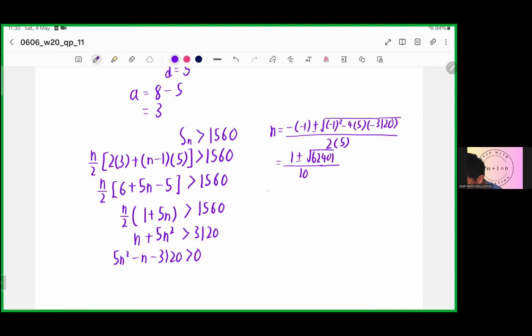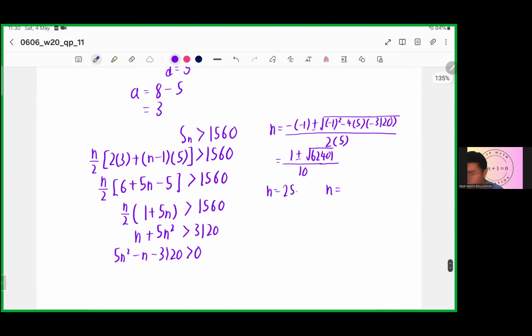Okay, now we can find the two values. Wait a minute.